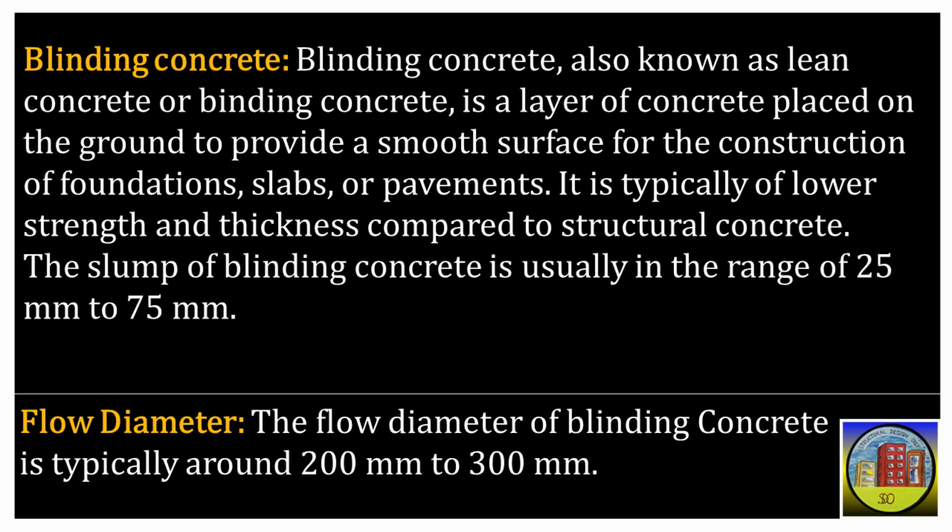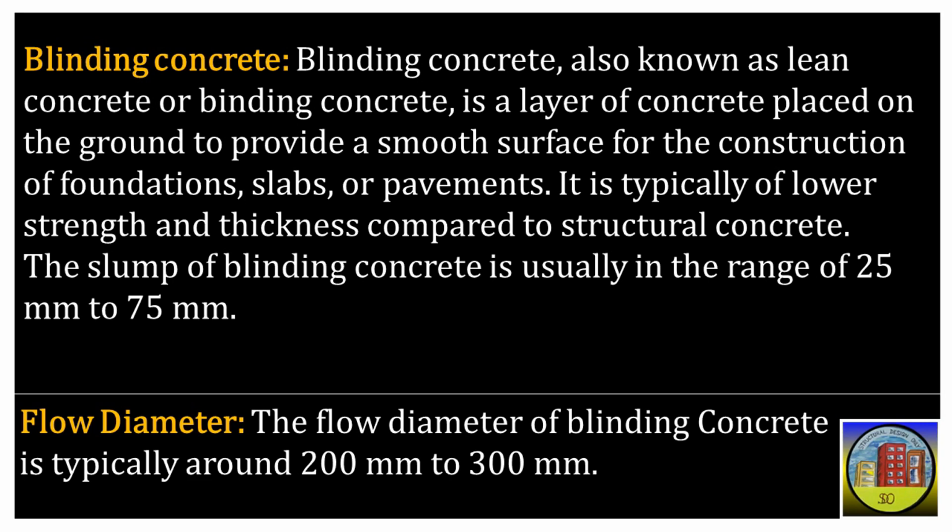Now, before diving into concrete flow tests, it's crucial to know the corresponding minimum slump values and flow diameter for these applications. This information helps gauge the workability and fluidity of concrete. For instance, blinding concrete typically requires a minimum slump of 25 mm to 75 mm and has an expected flow diameter of 200 mm to 300 mm.